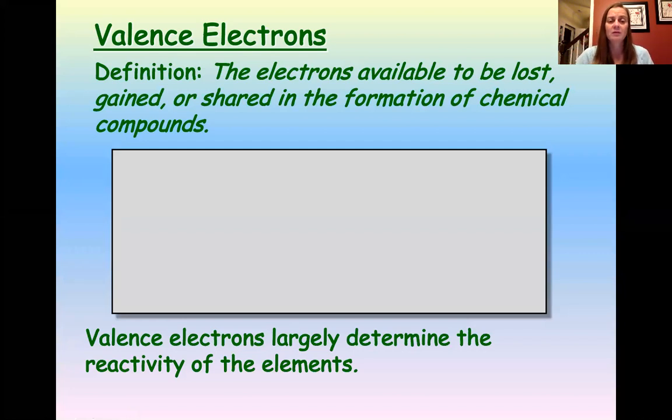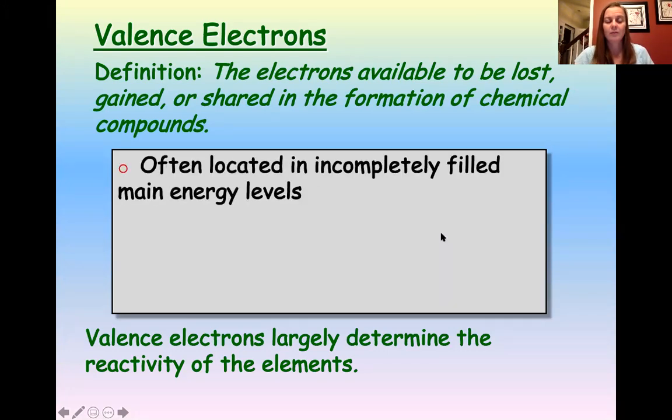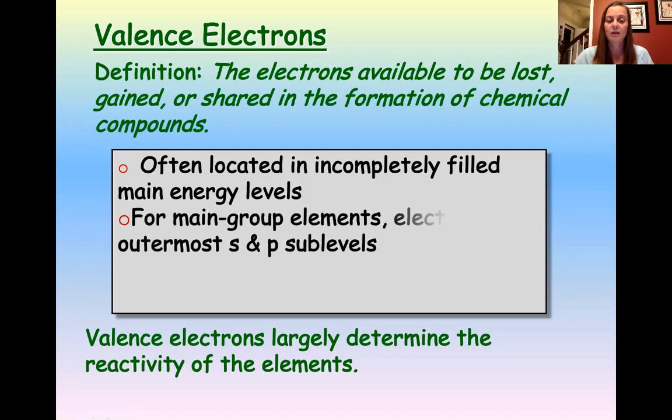This should already be very familiar to you, but valence electrons are those electrons that can be lost, gained, or shared in the formation of chemical compounds. Usually these are the electrons that are located in the incompletely filled main energy levels. That's the S and the P block.